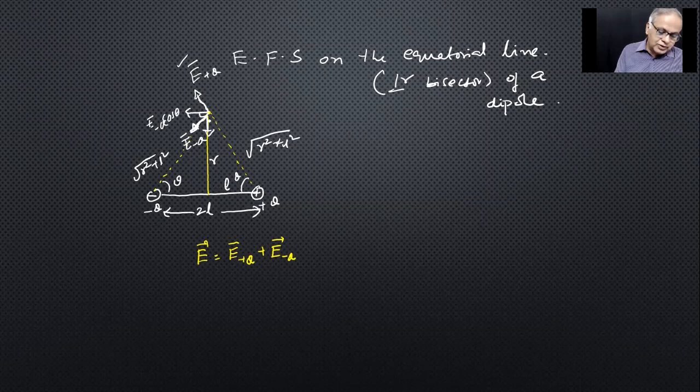Similarly, this is E due to plus q cos theta, and in this direction E due to plus q sine theta. So these vertical components cancel out.